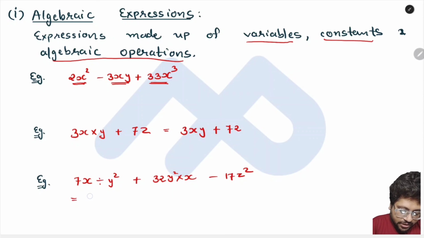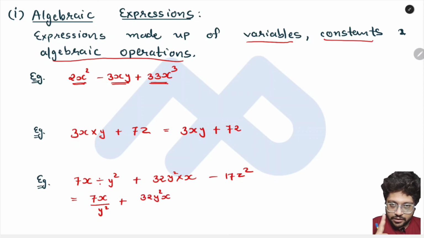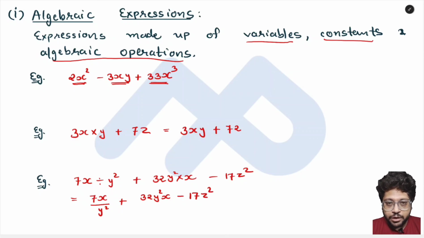So this is nothing but 7x upon y square, which is a single term, then plus 32y square times x, that is the second term, and minus 17z square, this is the third term. So these are algebraic expressions made of algebraic terms. In each term you can find variables, coefficients, constants, as well as multiplication and division in a single term, but the terms are separated using addition and subtraction signs only.